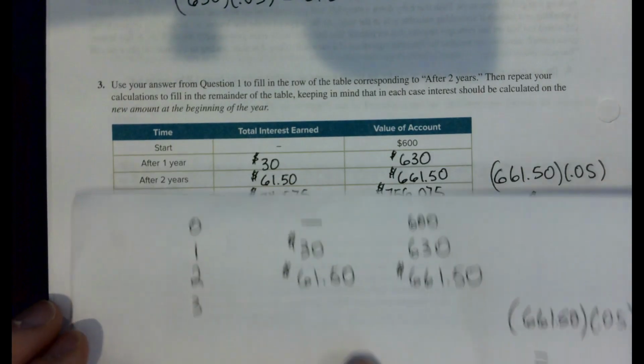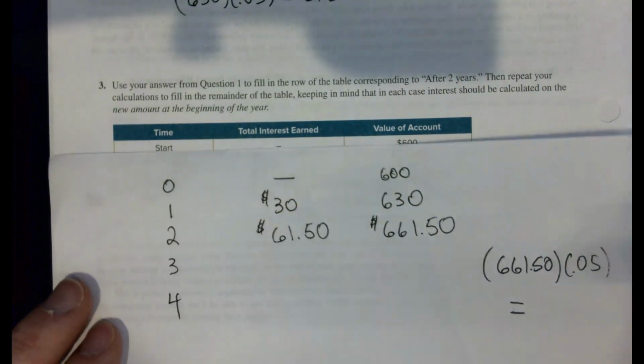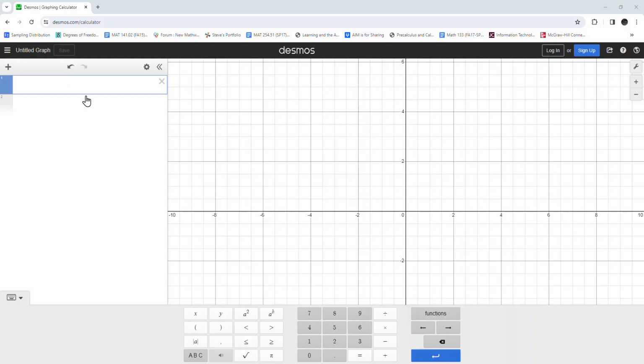Let's see, our table says for 3 and 4. I'm going to scamper over to Desmos and do that. So I'm taking the $661.50, which is the account balance after year 2, and I'm going to multiply that by 5%. That means after year 2, we will now earn $33.07 in interest. Well, maybe $33.08 in interest if they're kind and round for us.